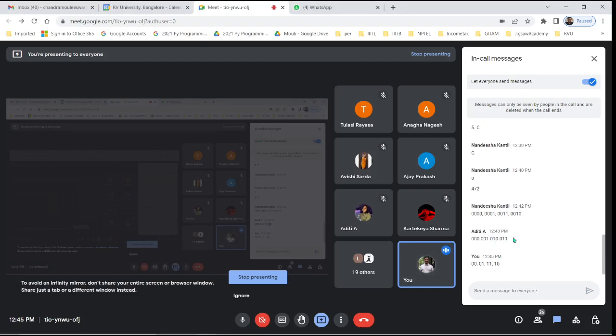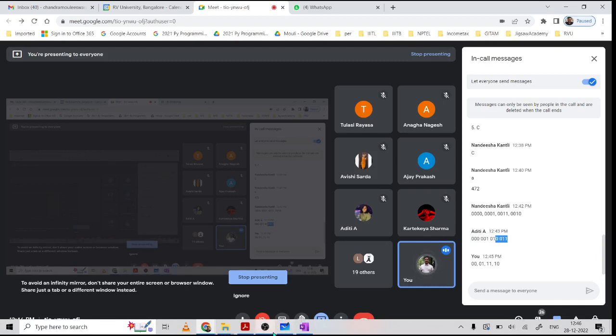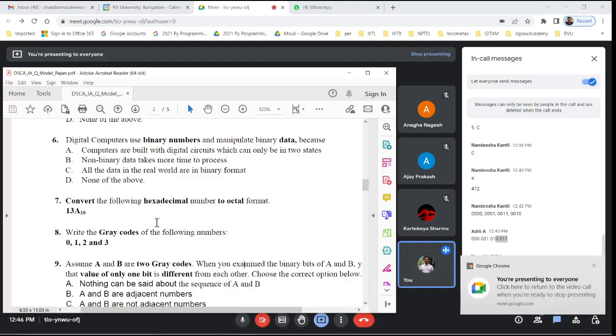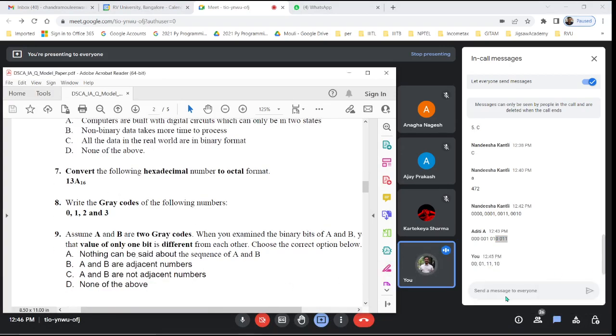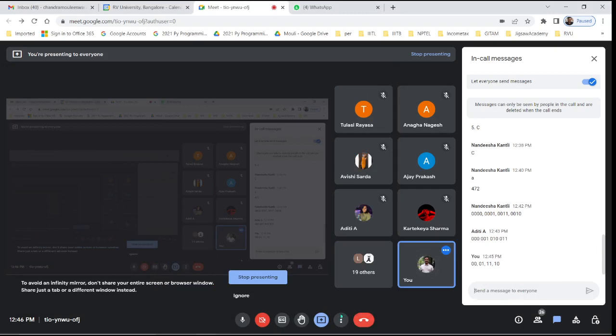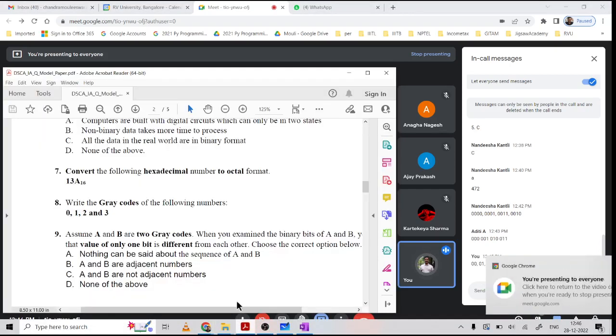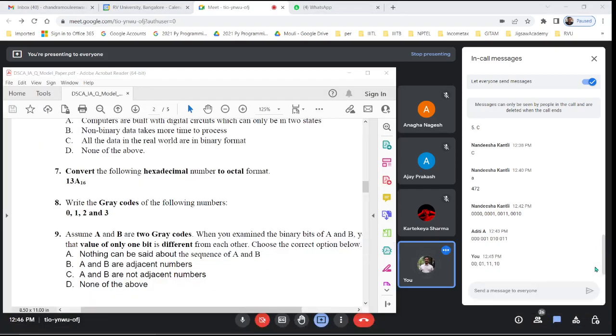What you have written is a binary sequence. Gray code is different from the binary sequence which is used in K-map. So please pay attention to that. It's okay if you are wrong here, but preferably be correct in the exam. Aditi, is it okay now? Can I go forward? Do you still have doubts?